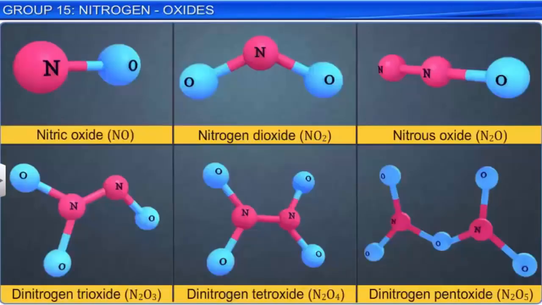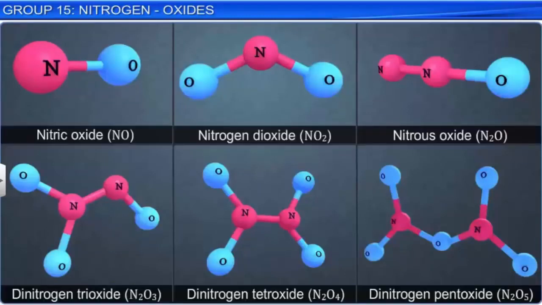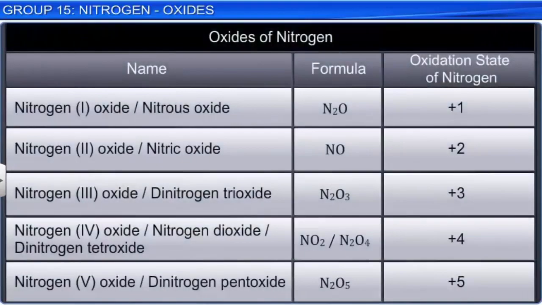You know that nitrogen forms a number of oxides that exhibit a wide range of oxidation states. The names of various oxides of nitrogen, their formulae and oxidation numbers are listed in the table here. Note the oxidation states of nitrogen in all the oxides.